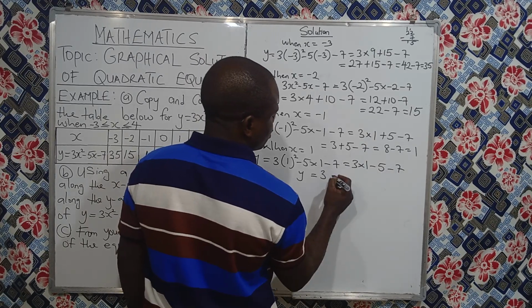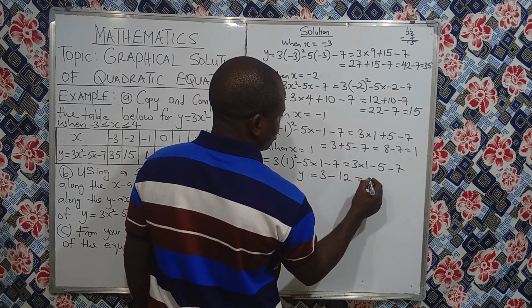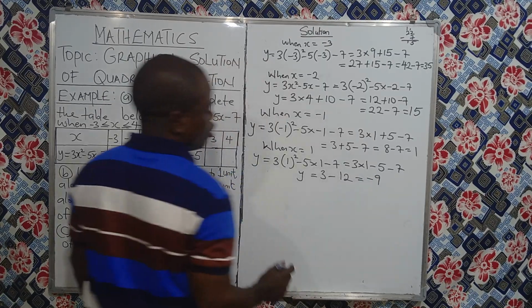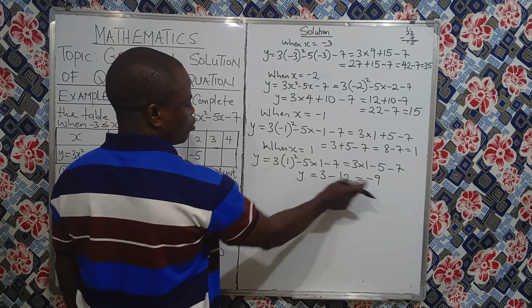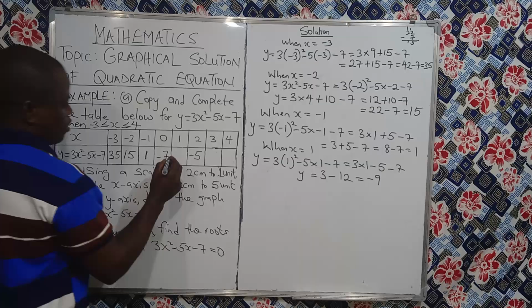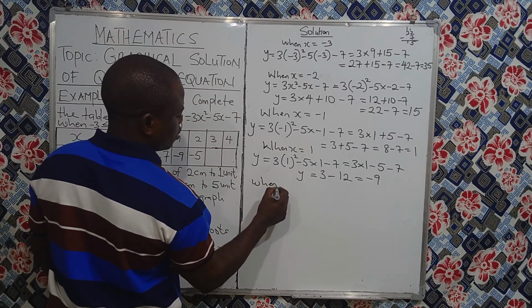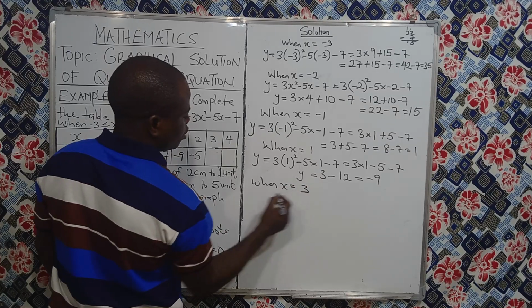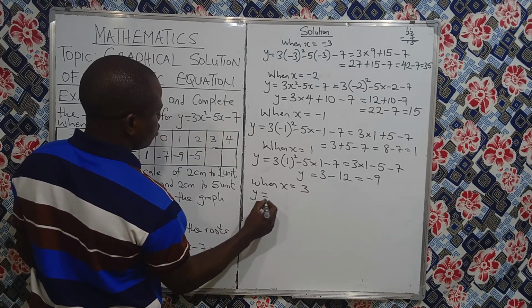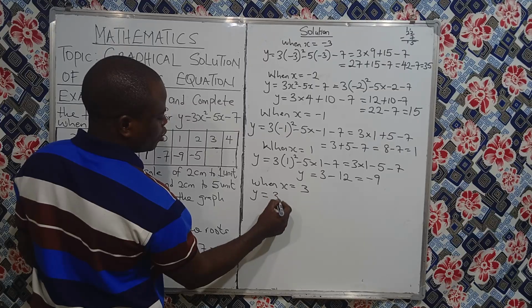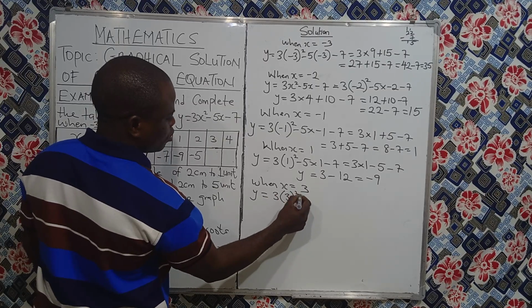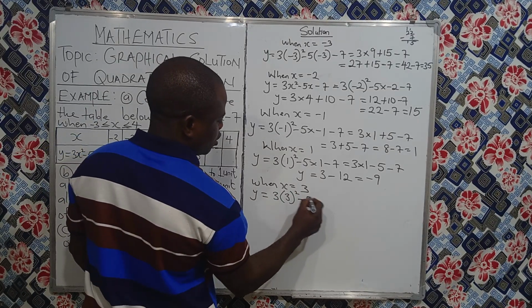Minus 5 minus 7, that's minus 12. 3 minus 12, that's minus 9. When you're removing a bigger number from a smaller number, you have a negative. That's minus 9.